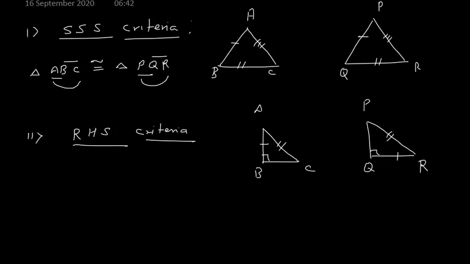So I will say that triangle, now I will start with angle B, triangle BAC is congruent to triangle, now here I started with B, so here I will start with Q. It is not compulsory that I will start with right angle, but it will make my job easy. So triangle BAC is congruent to triangle QRP, because BA is congruent to QR. Okay, so these two triangles are congruent by RHS criteria.